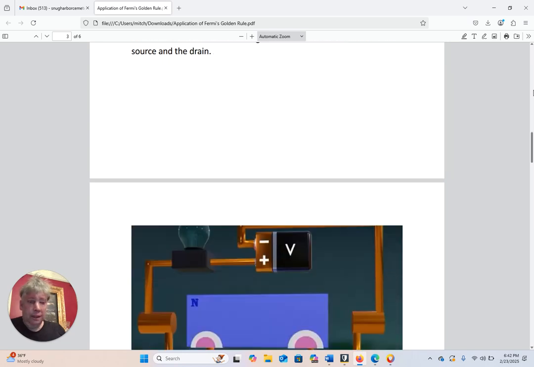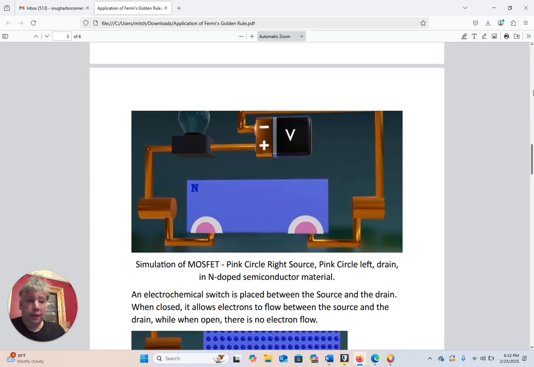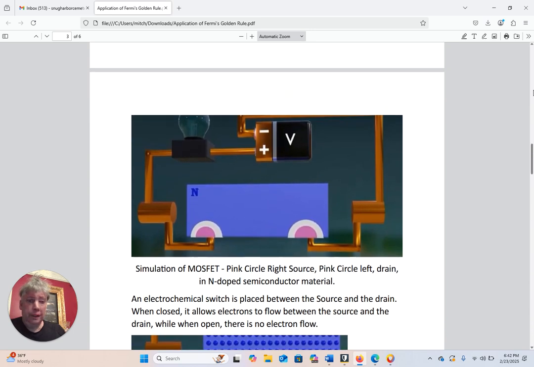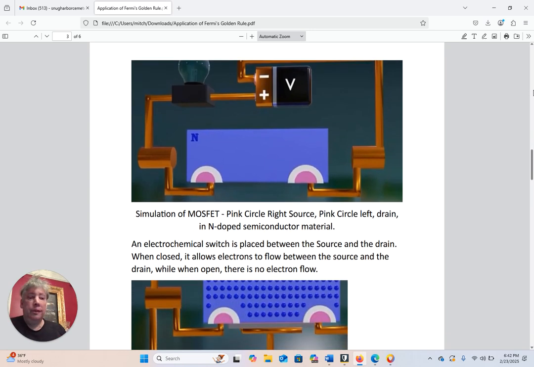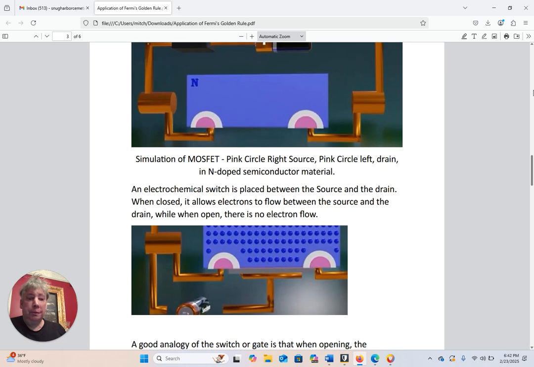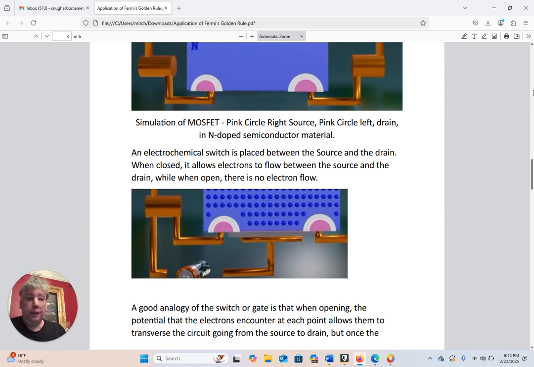So let me go over to here and we'll talk in terms of this MOSFET a bit. It's made of a dielectric material, but what's going on here is we hook up this electromagnetic switch that's going to allow the flow of the electrons between the source and the drain.